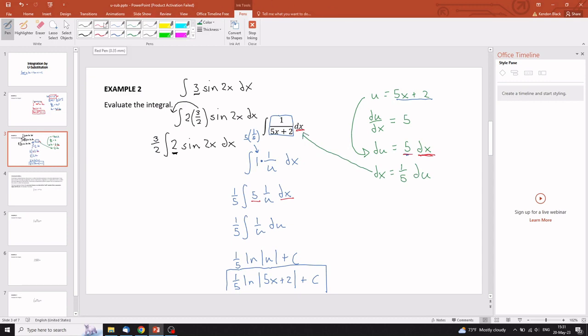Okay, so we're going to have the integral. Once again, this part just becomes 1 over u, just like before. Now this time we only need to substitute for the dx. We don't need everything to line up perfectly. Dx equals 1/5 du.